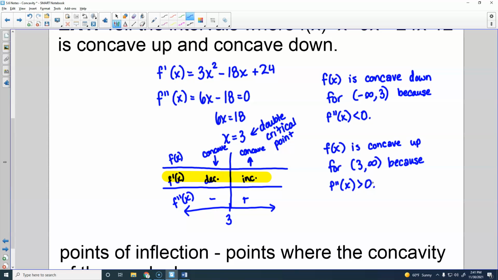Okay, it's a lot like finding maximums and minimums, increasing and decreasing, but we're working with that second derivative instead of the first derivative.